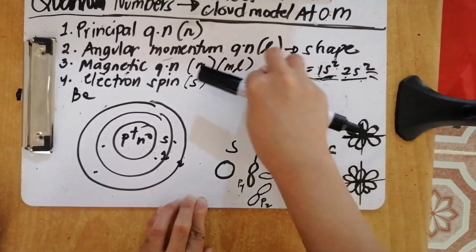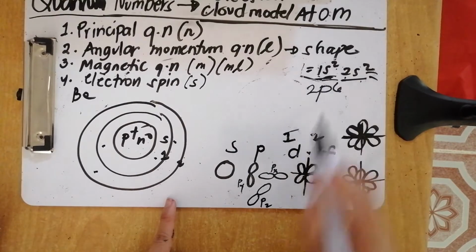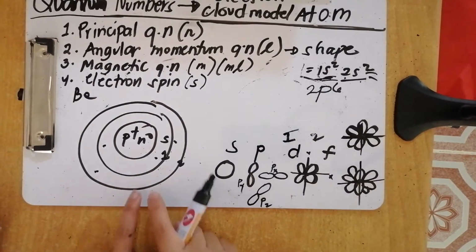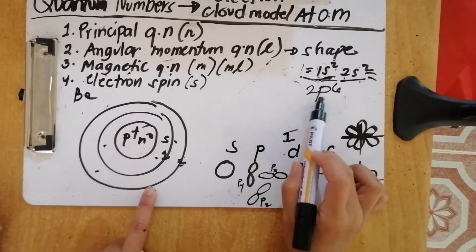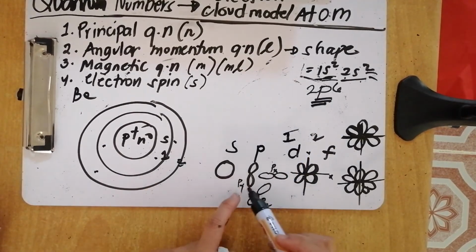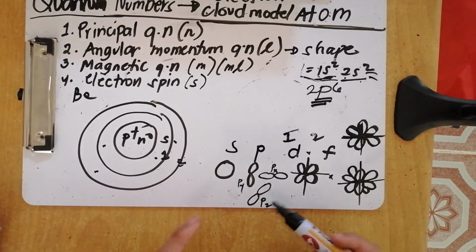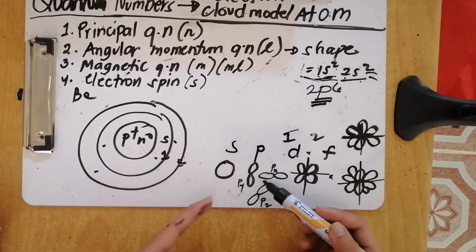What if, let's continue this one. 1s2, 2s2, 2p6. Okay, on the same energy level 2, there is the P shape. P can be PY, PX, or PZ. So let's assume that the P is oriented as PY.